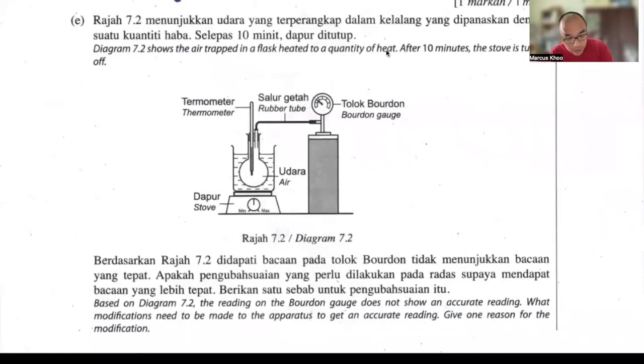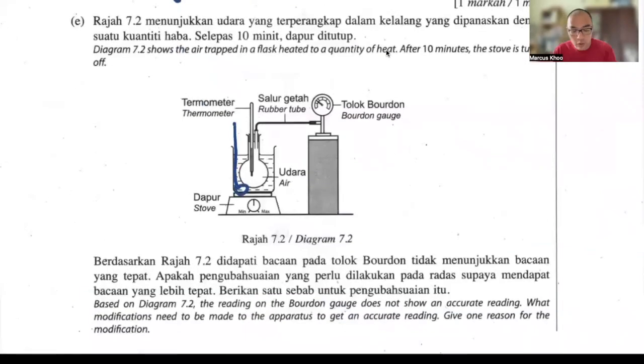So you put a stirrer here, then you stir and stir, so that whatever heat is on the water will be distributed evenly into the flask. Otherwise maybe just the bottom will get the heat, and the side over here not so much. So that's why you need to have a stirrer.